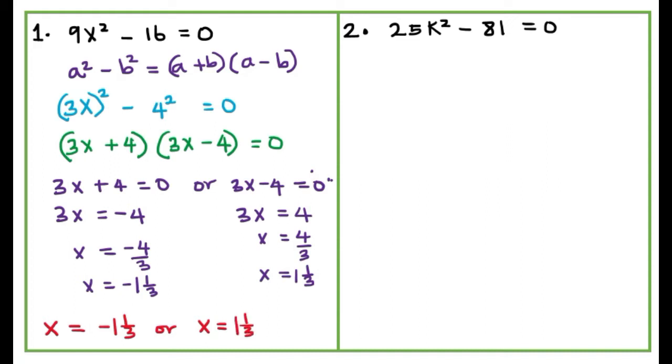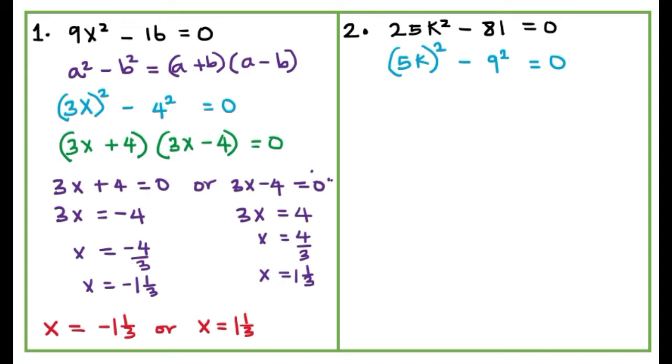Now in example 2, let's write 5k squared for 25k squared minus 9 squared for 81 to come up with 0.